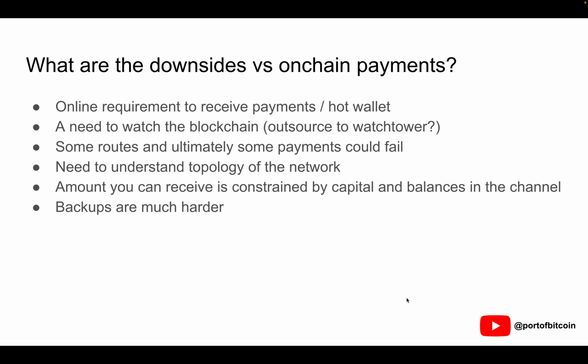And so to try to work out whether there is a route to a destination, or to assess which of multiple possible routes you want to use, the Lightning node needs to have an understanding of how the whole network is set up and what Lightning nodes have what channel capacities, etc. So in comparison to an on-chain payment, you don't need to understand the topology of the whole network of Bitcoin full nodes, right?